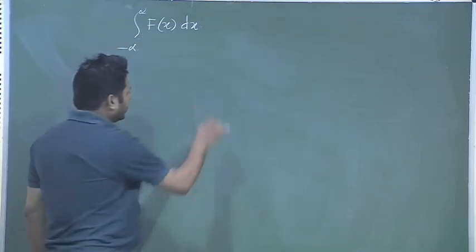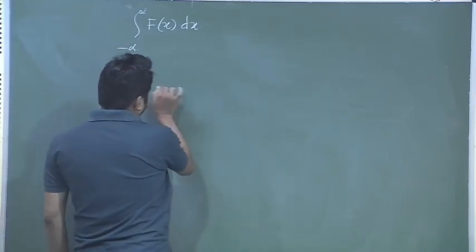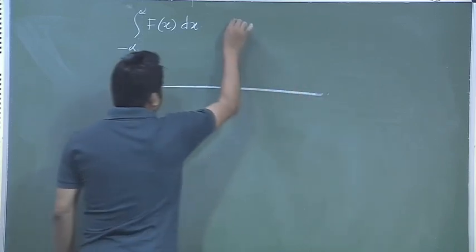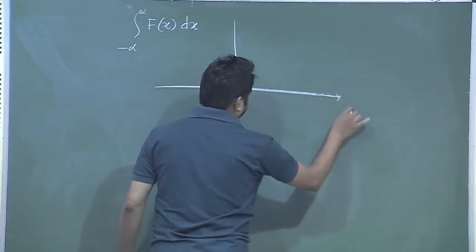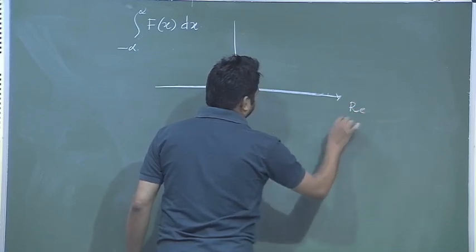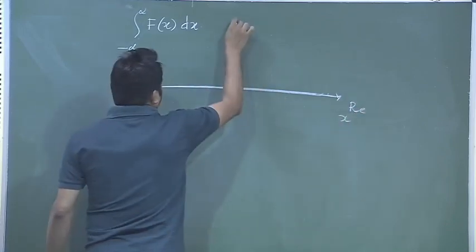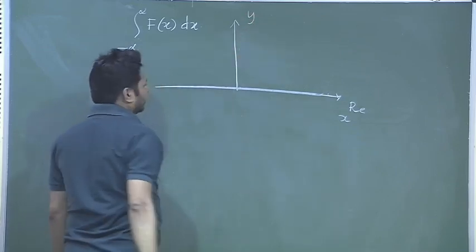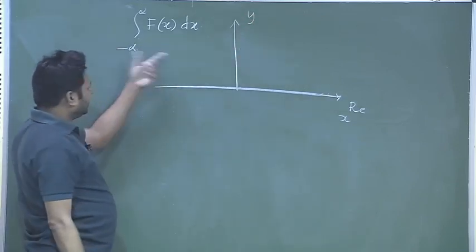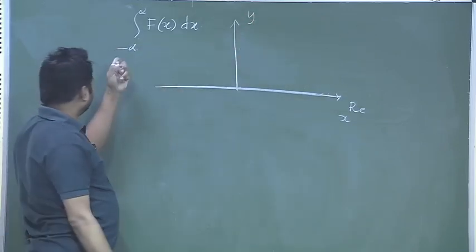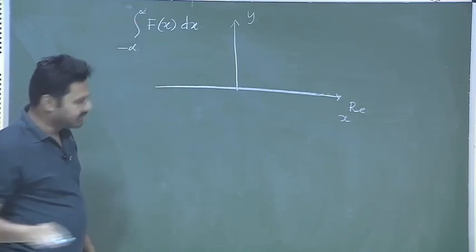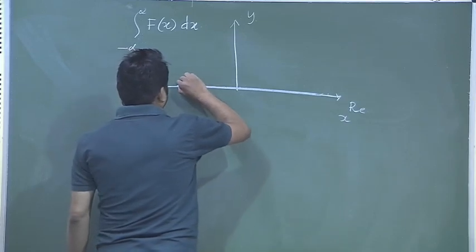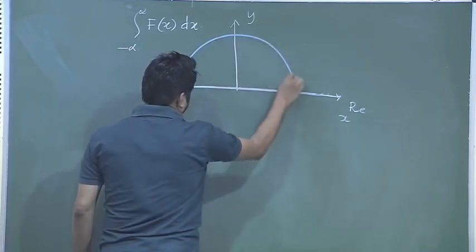Now, I am going to tell how to deal with this kind of integration. If I draw the real and imaginary axes, this is the real or x axis and this is the imaginary or y axis. The integration is over this real axis, because it is minus infinity to infinity. So, the contour that we are going to choose is something like this, the blue line.